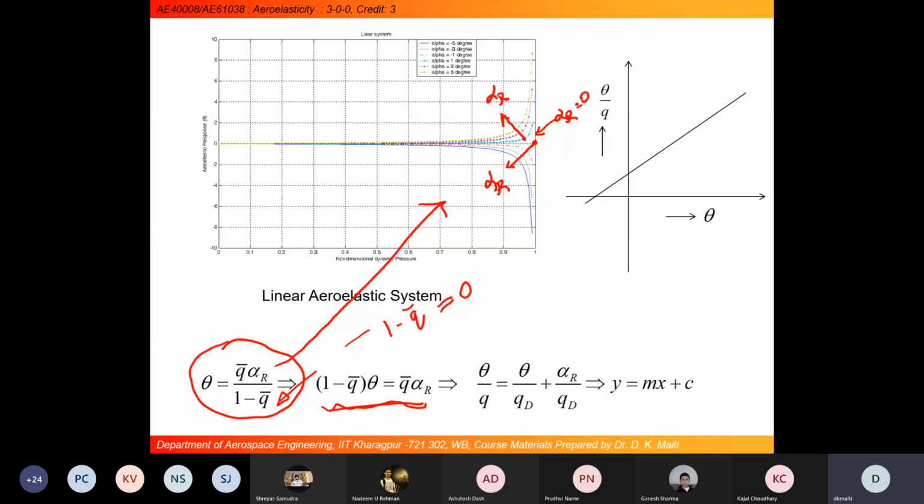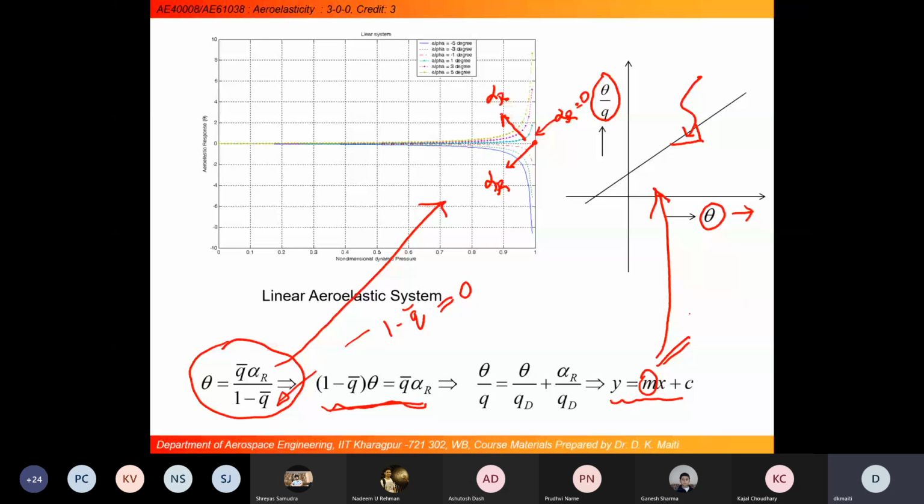The curve will be a straight line, and from the slope of the straight line equation I can get the critical divergence speed. This m is nothing but 1 by qd, the slope of this.